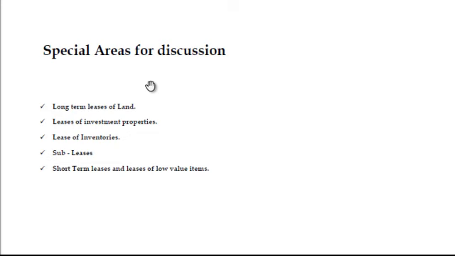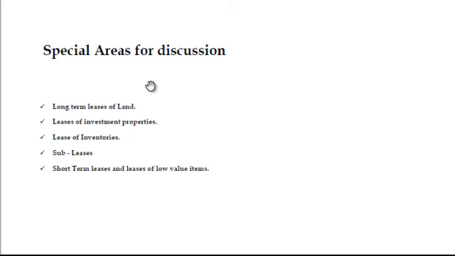IAS 40 gives two models. First is the cost model, or they can use the fair value model for its own investment properties. In such a case, it requires the fair value model to be used for a right of use asset that meets the definition of investment properties.